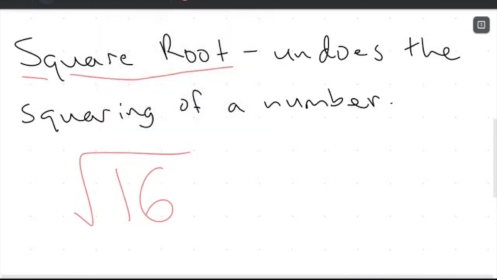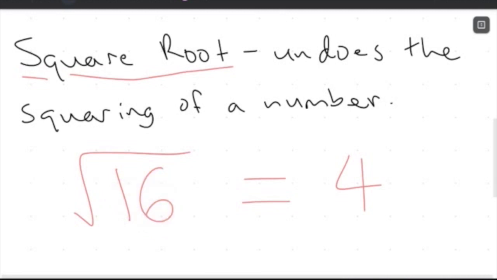To figure these out, we ask, what number multiplied by itself gives me 16? If you know your times tables, you may remember this is 4. So 4 times 4 gives me 16. If I undo that, so I find the square root of 16, that just gives me 4, the number I multiplied by itself to give me this.